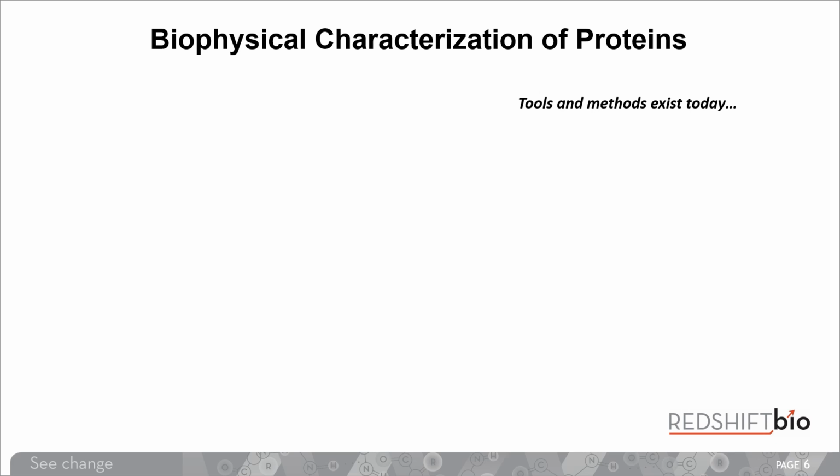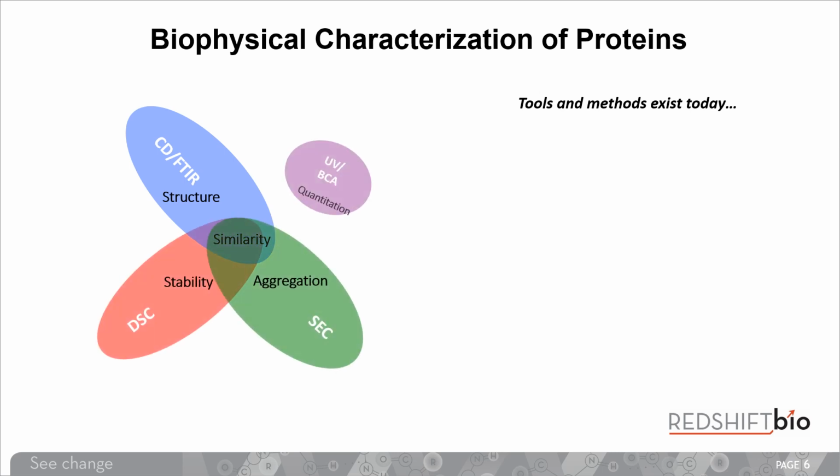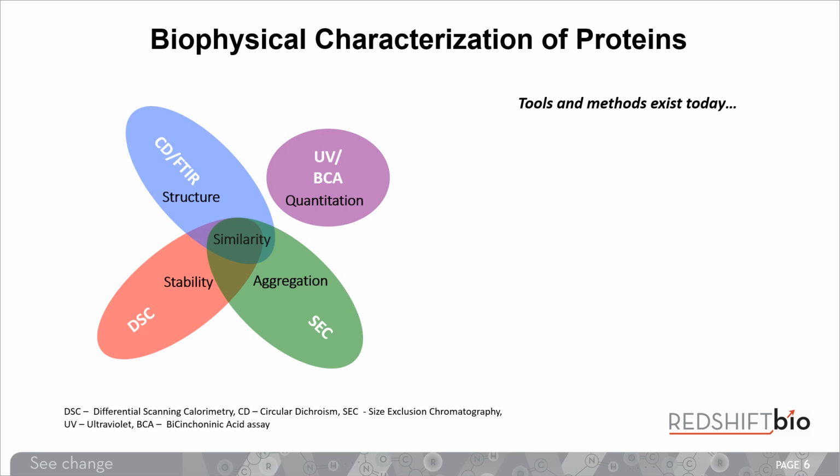Tools for biophysical characterization of proteins certainly exist today. Many of these you may be familiar with and may even have in your labs. These include CD and FTIR for structure, DSC for stability, SEC for aggregation, UV absorbance for quantitation.